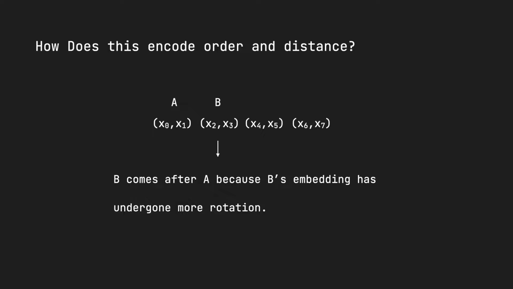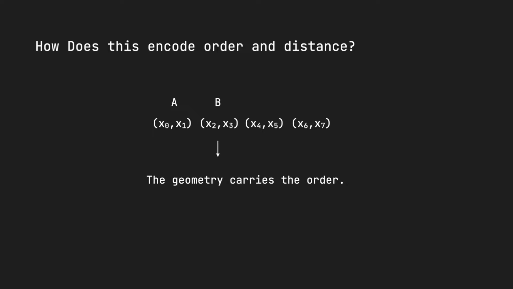So it allows us to encode information using rotations. Geometry carries the order in this example, and we're able to do this because I have an SO2 group defined and apply it as an action to each of these pairs.